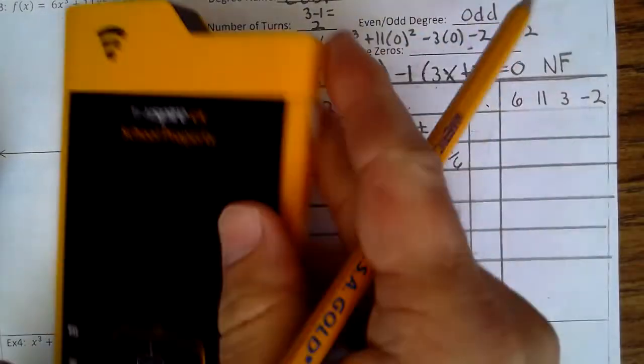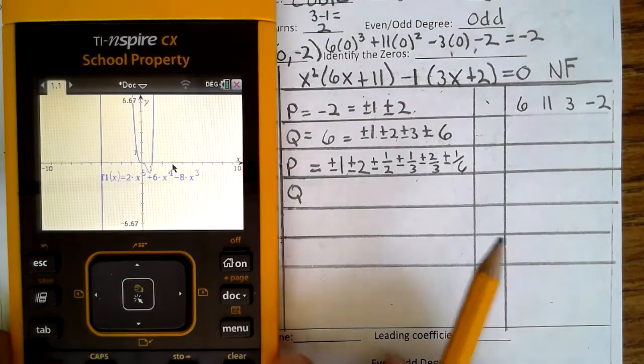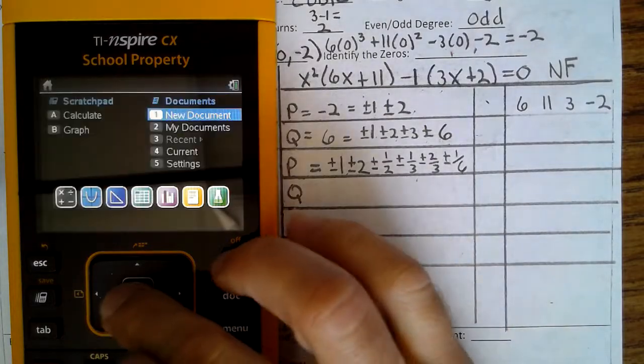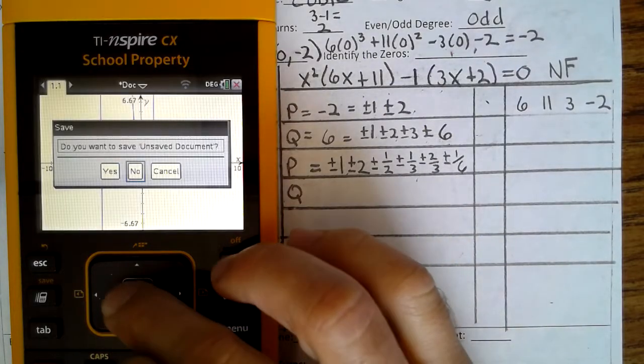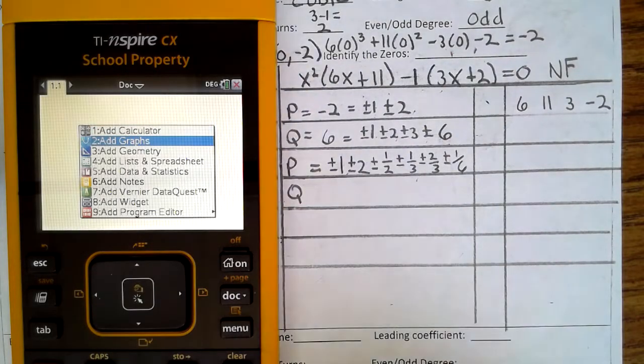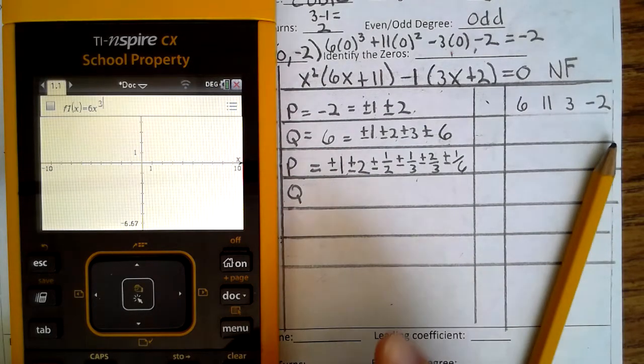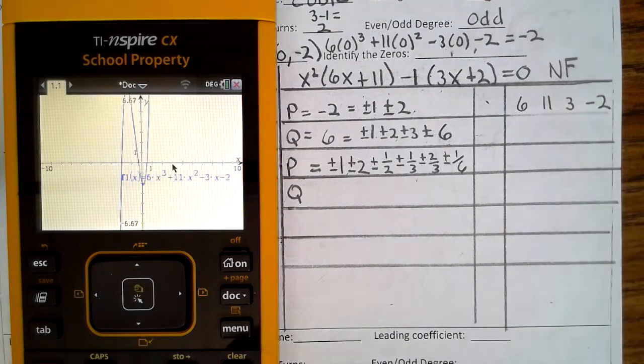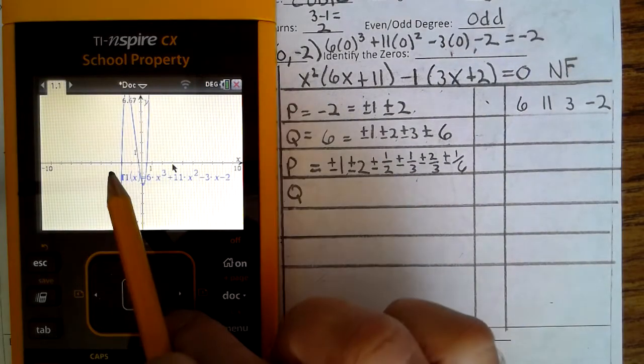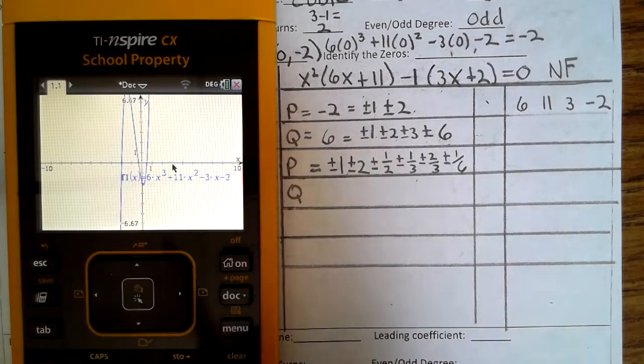And so we're going to graph 6x cubed plus 11x squared minus 3x minus 2. And it looks like negative 2 is a zero we can use. So let's do that. Actually, sorry, wrong space. Negative 2 right here.